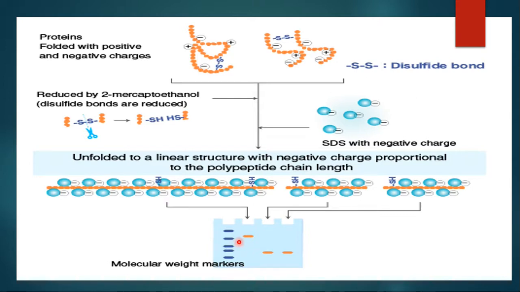There is no question of charge, they have to be separated only depending upon their mass. You can see here these two are equal size, so they are going to form a band like this, and these are heavy mass, so obviously they are retained back. That's how you are going to separate the protein molecules by using SDS.